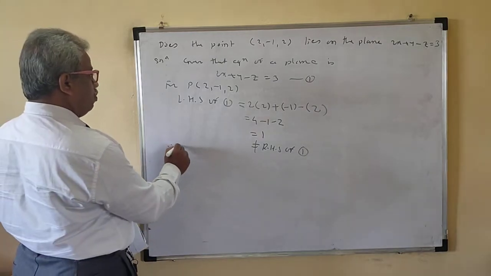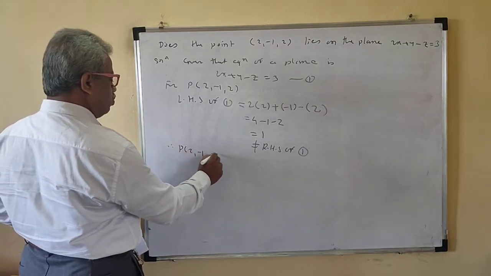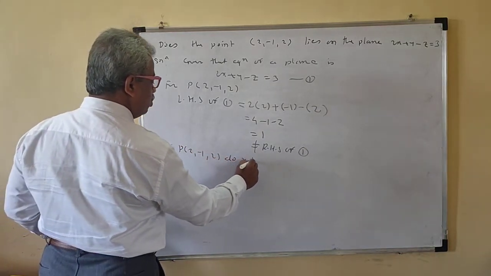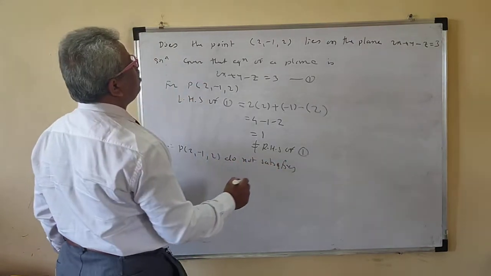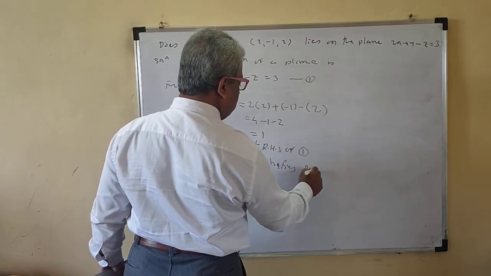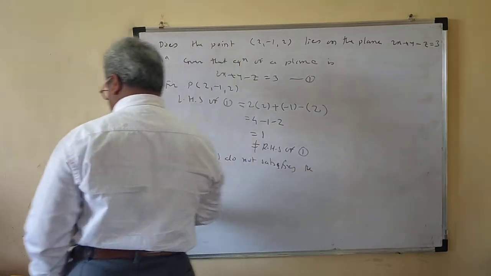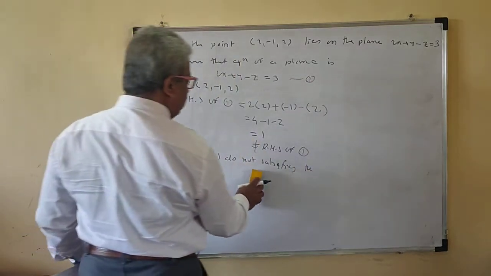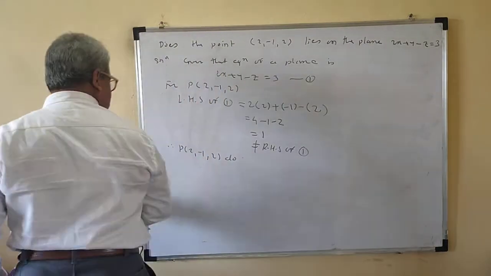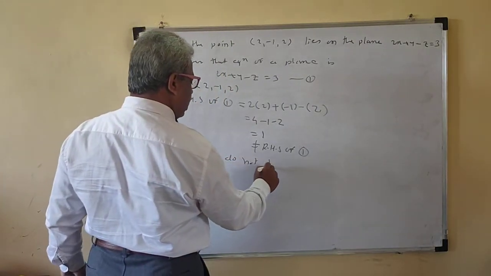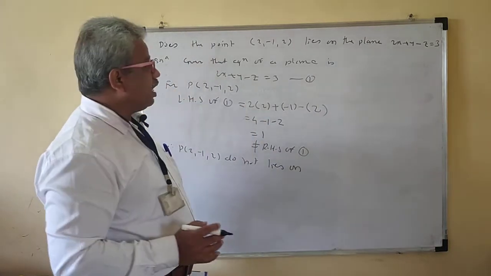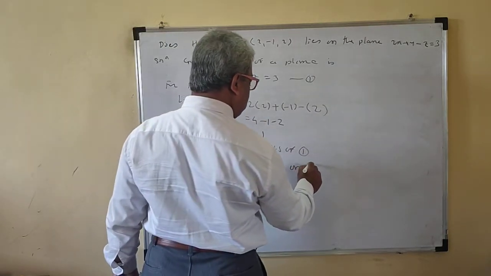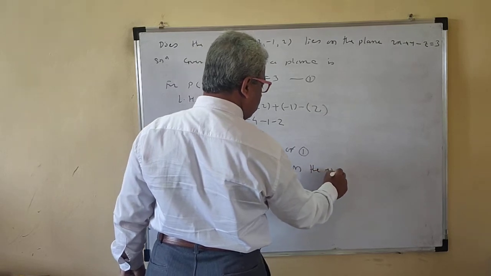So therefore P (2, minus 1, 2) does not satisfy, does not lie on the given plane, because our problem is to check whether it lies on the plane.